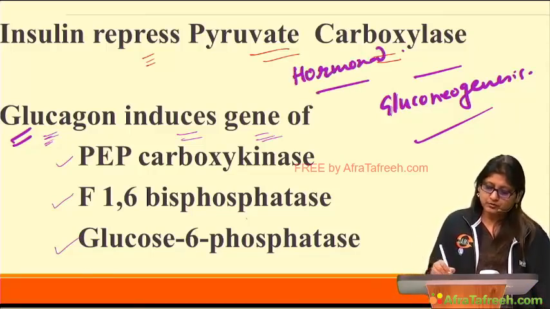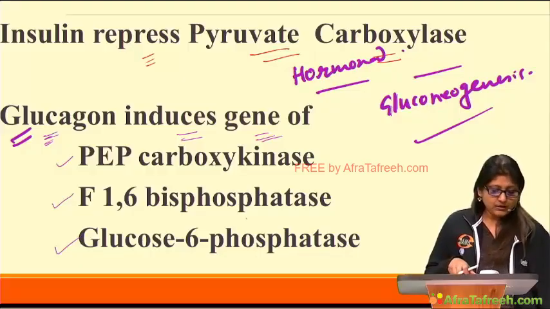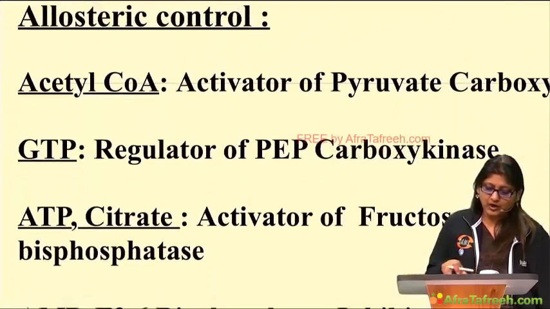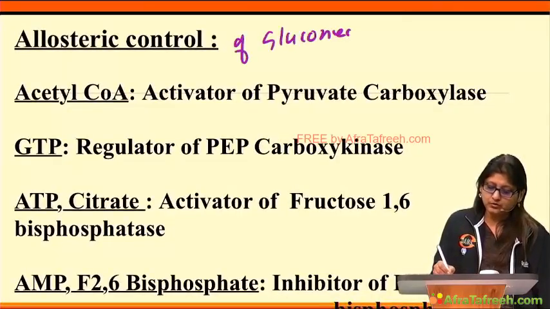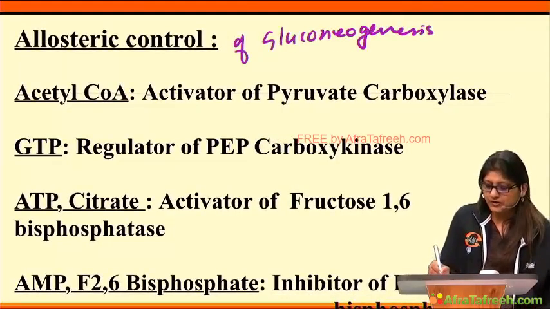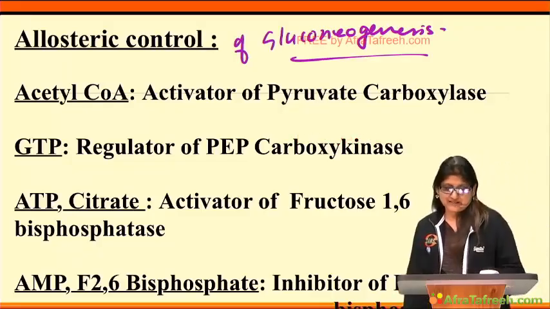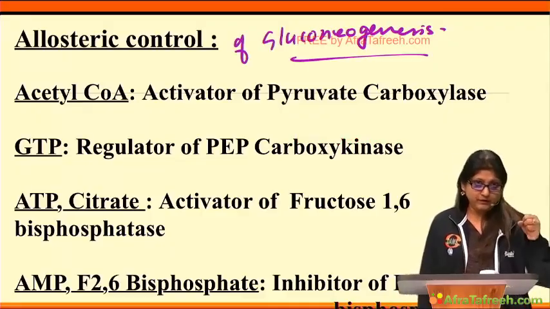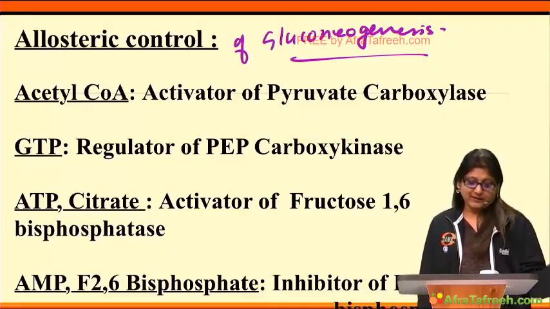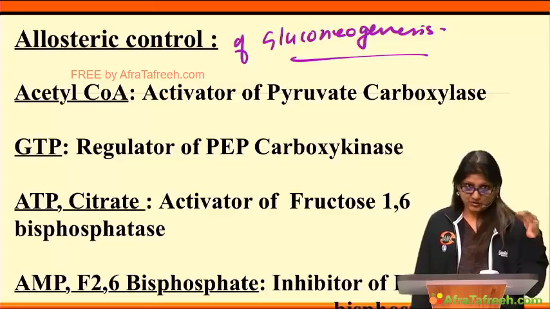Now coming to allosteric control of gluconeogenesis. See, all your MCQs will be targeted to these slides. These are key slides which you must listen to carefully, remember, and revise one day before the exam, and you will do excellent in biochemistry. That's my promise.